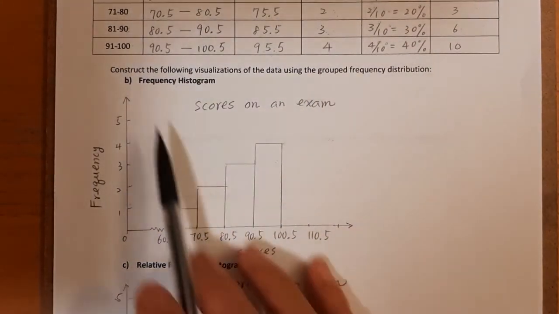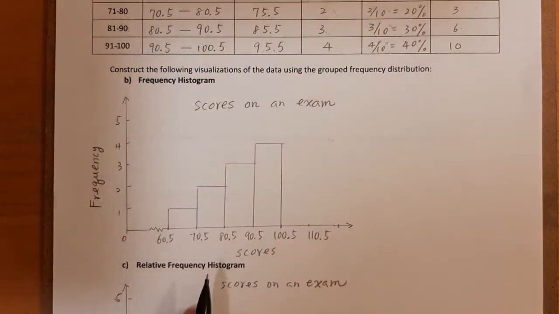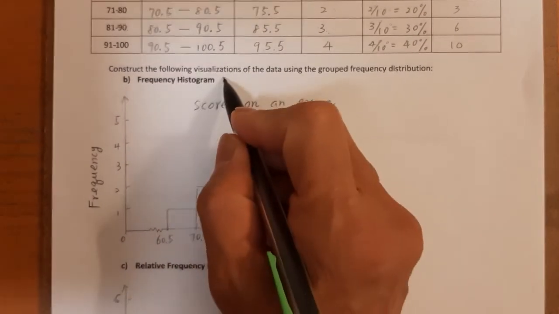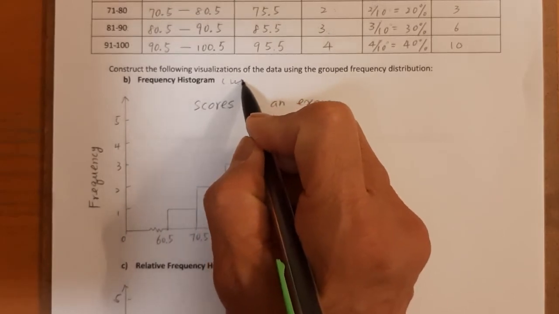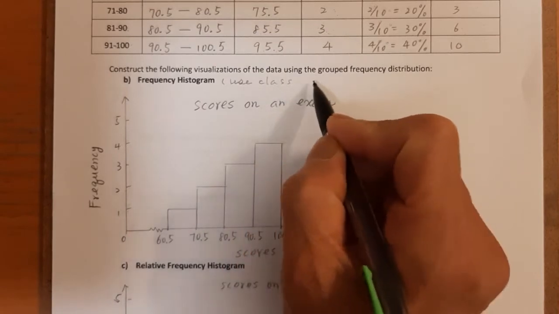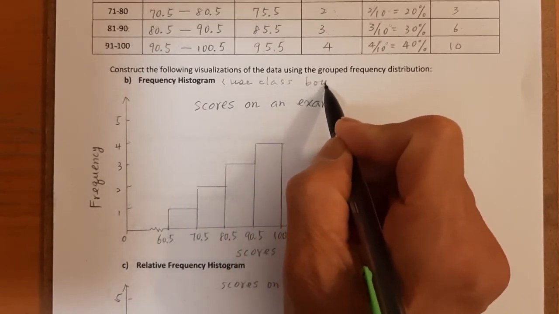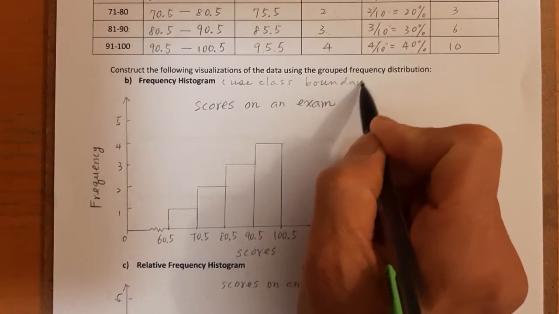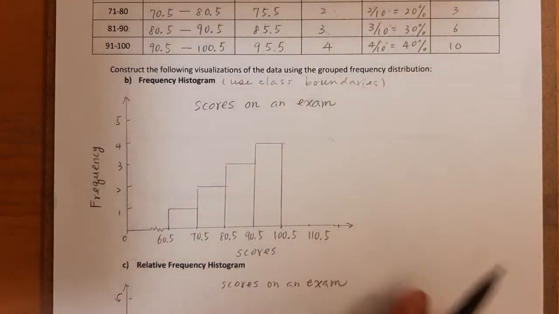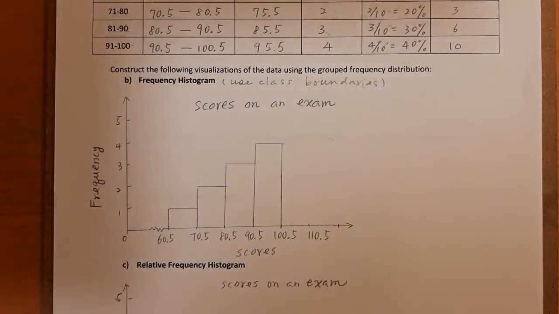We will use the boundary. When we draw a frequency histogram, use class boundary. So the horizontal line uses the class boundary.